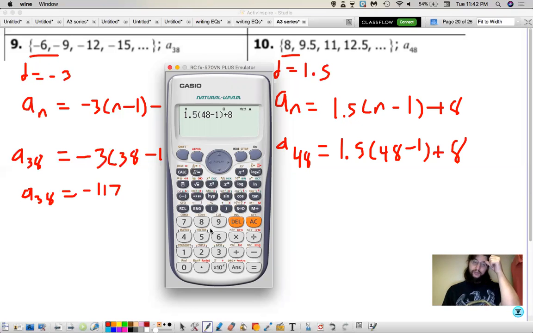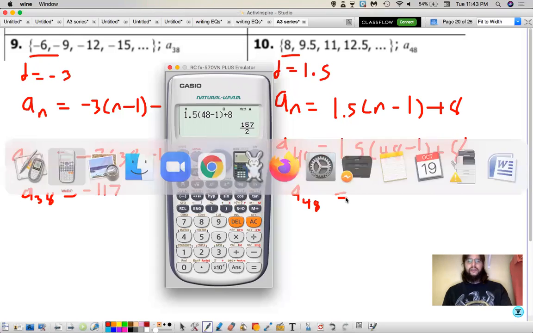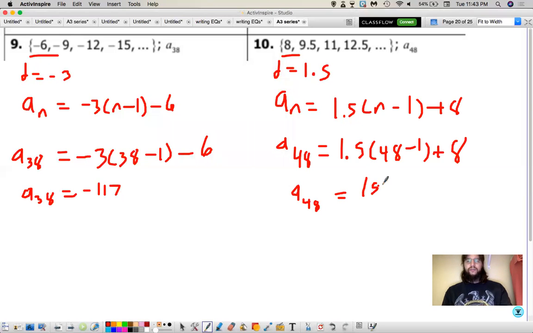Yes, I'll use the decimal on it. It's fine. This we can leave as a fraction. 157 over 2 is the same as 78.5. For some reason, put it as a decimal. Maybe you have a not good calculator. 157 over 2. Okay.